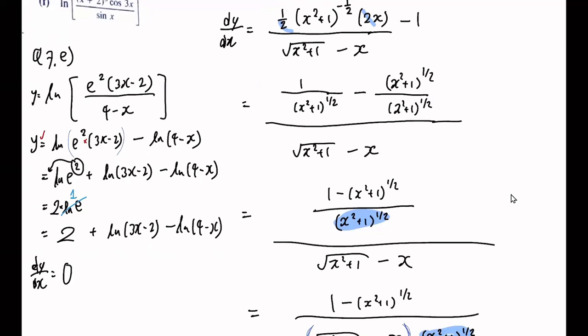Next one: 3, times 1 over 3x minus 2, which is you just bring to the top. So to make it look neater, I can bring it to the numerator. Then minus, minus.